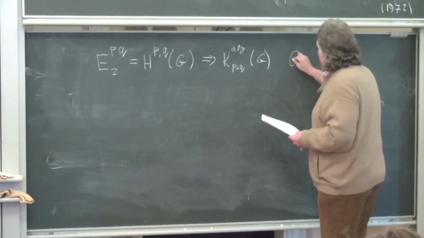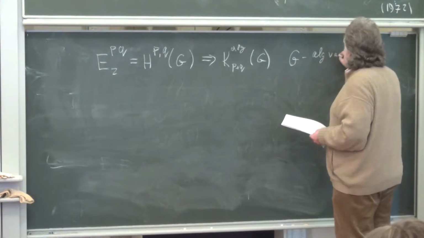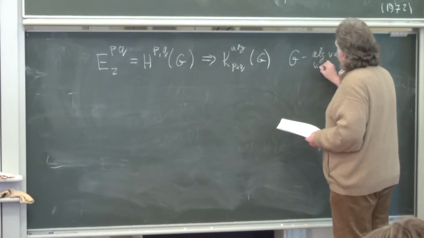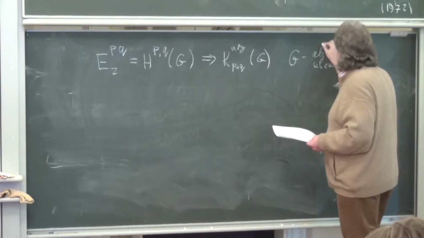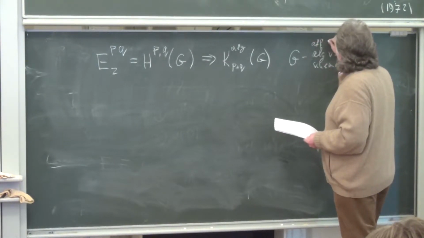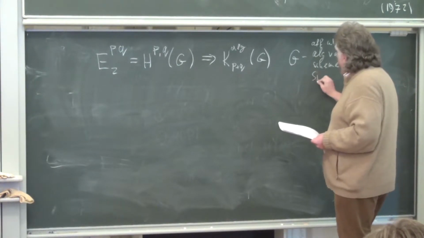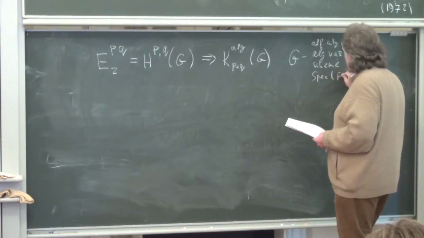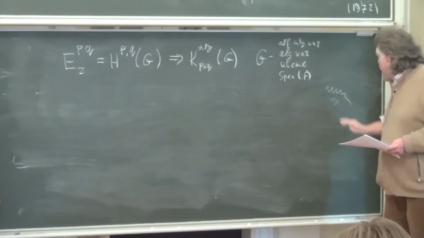X is maybe an algebraic variety, or in the best case, a scheme, or maybe an affine algebraic variety. But in the simplest case, it's just the spectrum of a field. So even in the case of the spectrum of a field, this is quite a non-trivial result.